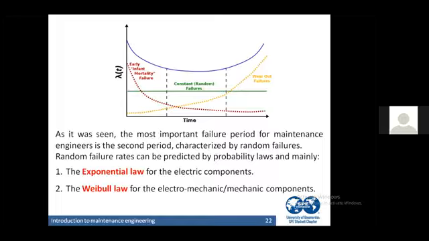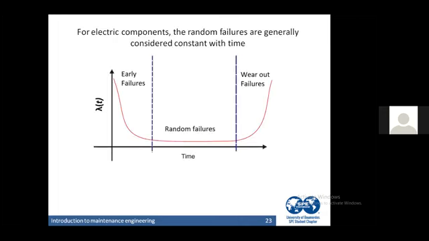To answer this question, the first probability law is the exponential law, and it is used for electric components. The second law that we can use is the Weibull law, which can be used for electromechanical and mechanical components. For electric components, generally the second phase is constant.